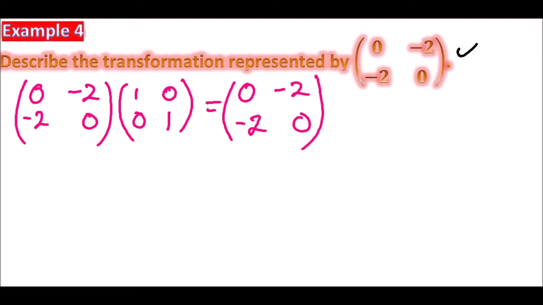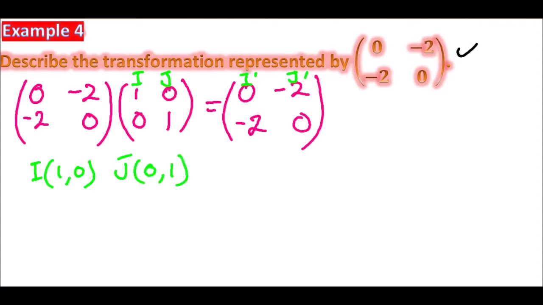What this implies is this is our I and this is our J. So this is the image of I and this is the image of J. So we can clearly write I as 1, 0, and our J as 0, 1.